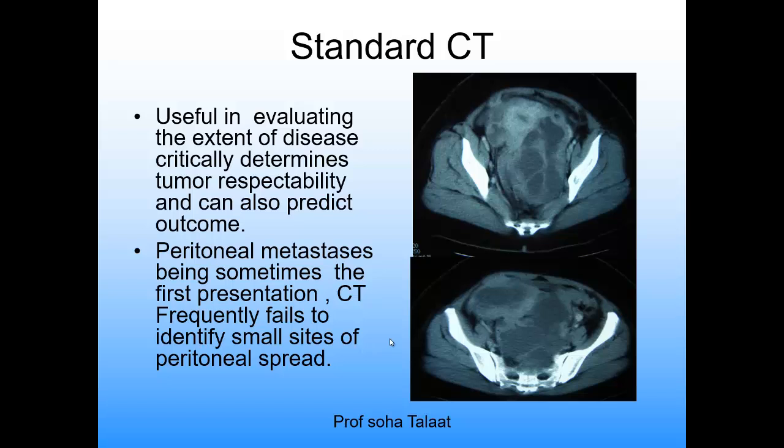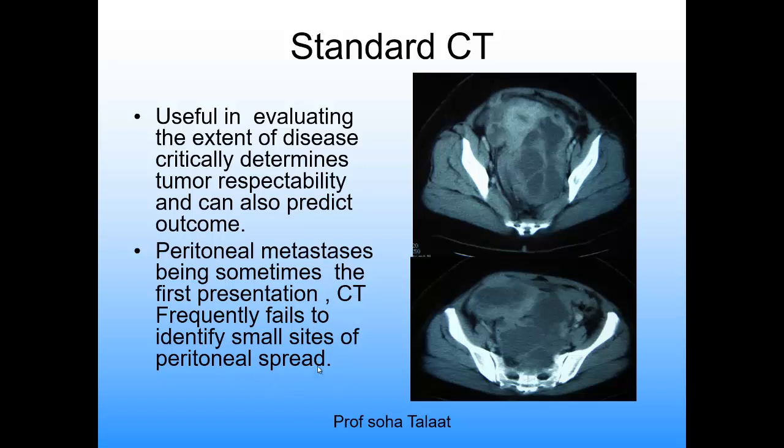Again, CT is important for evaluating the extent of disease and determining whether this mass is clinically resectable or not. We can predict the outcome. Peritoneal metastasis being the most common first presentation, CT frequently fails to see small sites of peritoneal spread.